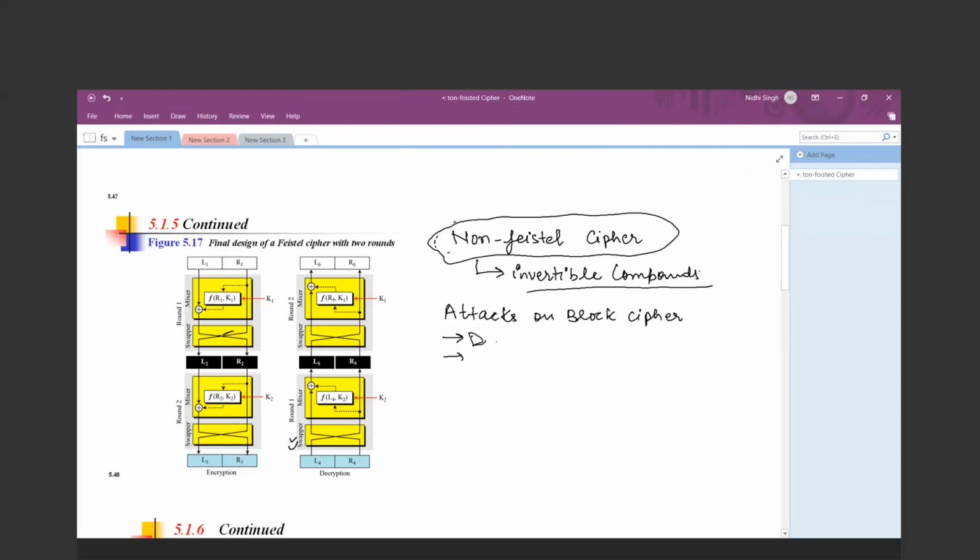Due to these properties, the brute force attack is not possible to recover the plain text from the ciphertext, because the hacker will not get any relationship between the ciphertext and plain text, and also will not get any information about the ciphertext and the key. So that's why the brute force attack is not possible over the block cipher. It will be a very frustrating situation for the hacker.